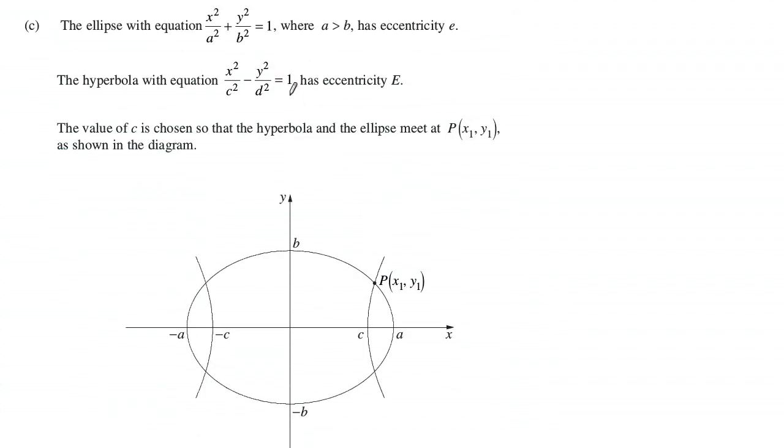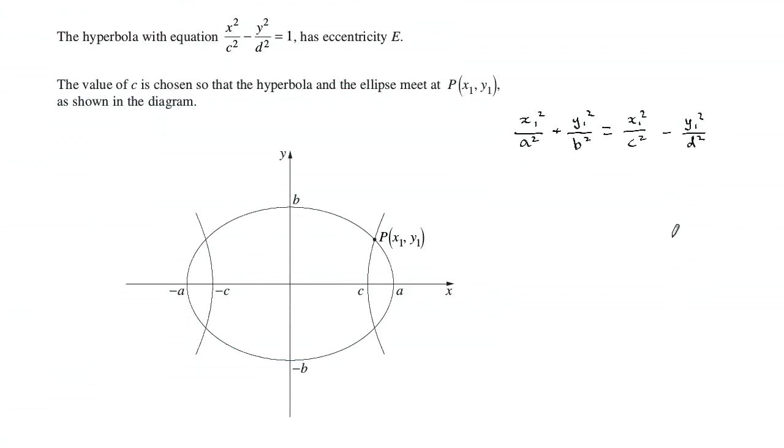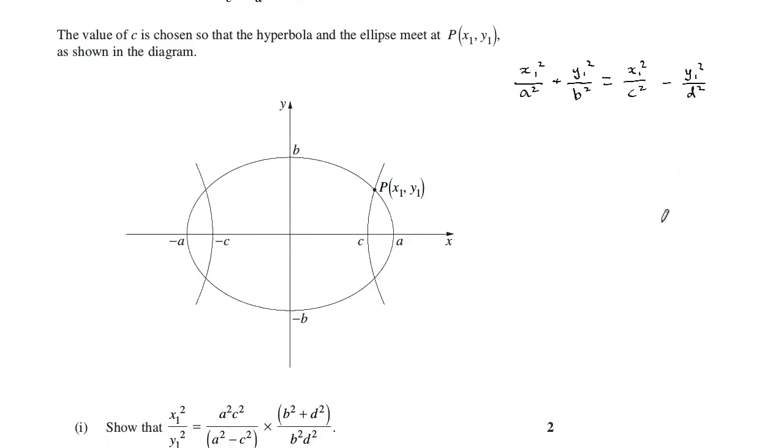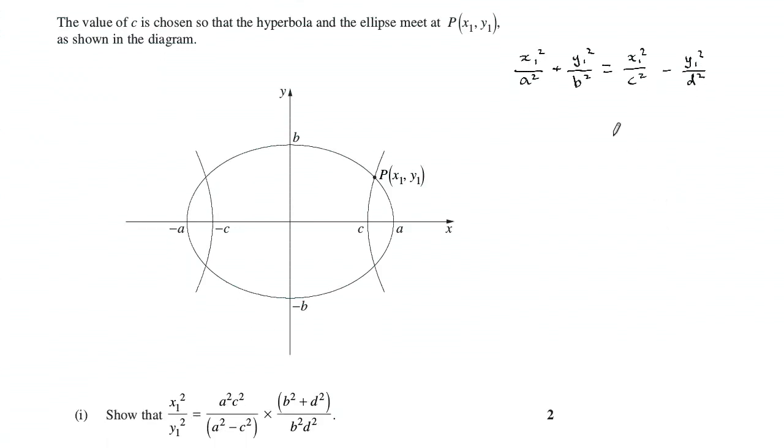One simple thing that we could do is just, because both of the right-hand sides are 1, we could just say that that equals that at this point. So we can say, okay. And then, personally, what I would do with an equation like that is just multiply everything by a squared, b squared, c squared, and d squared, because I don't like having fractions in my equations.